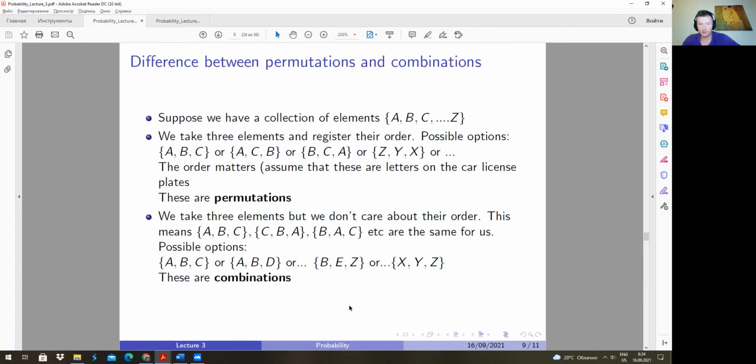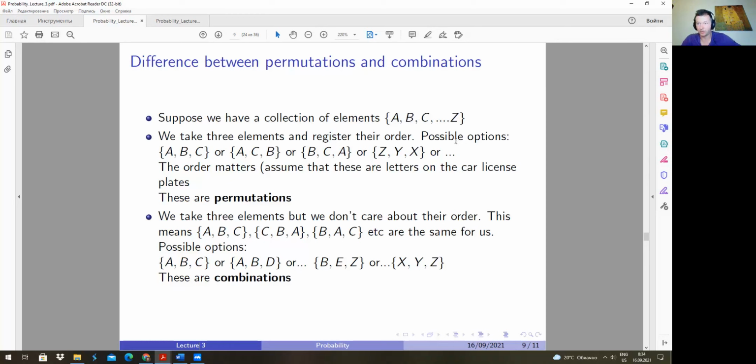So here I have some additional explanation about the difference between permutations and combinations. Just a simple example on this. Suppose we have a collection of elements A, B, C up to Z, so Latin letters, for example. We take 3 elements and register their order.